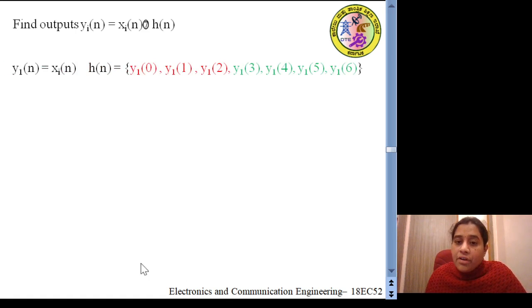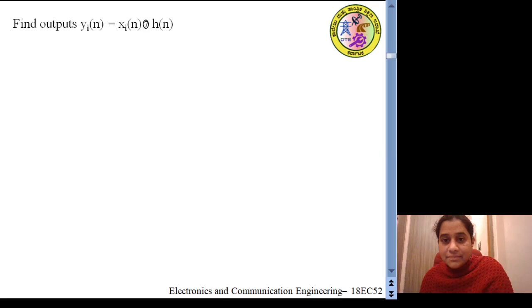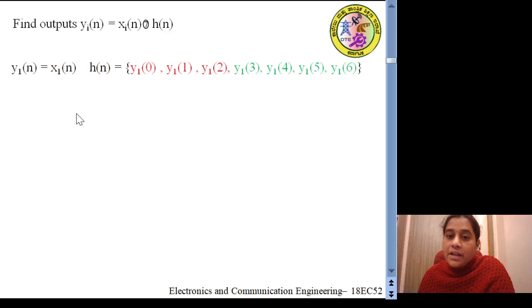So, if we do 7-point circular convolution of x1 of n with h of n, our y1 of n is the 7-point circular convolution of x1 of n and h of n.